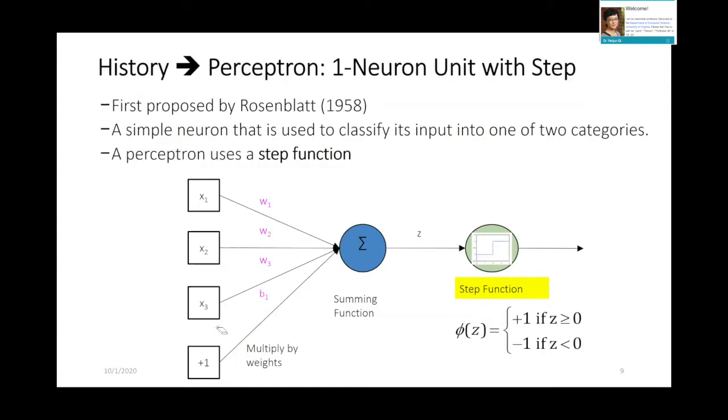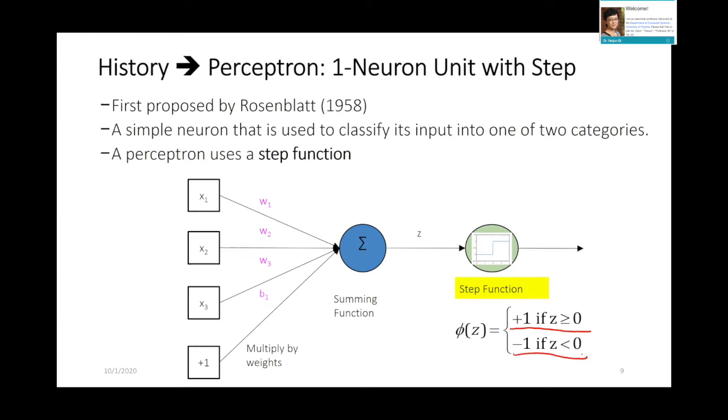Okay, so just a little bit of history. What we are going to talk about is a multi-layer perceptron. So why is that called perceptron? The history is that this one neuron unit with the step function is what people proposed as a perceptron. That was proposed in the 1950s.